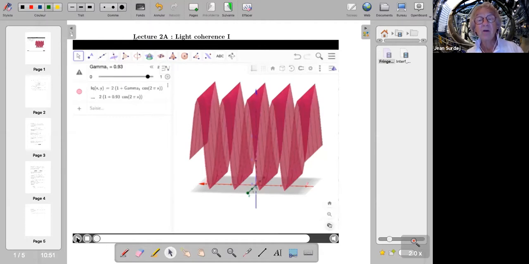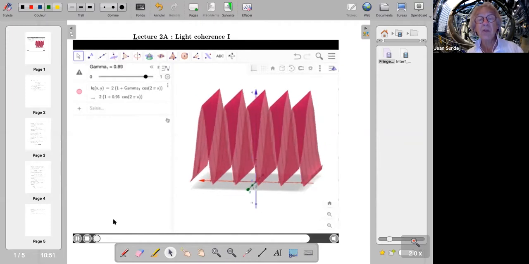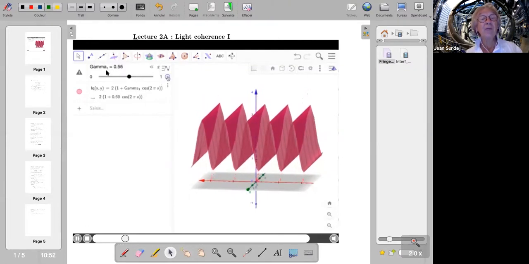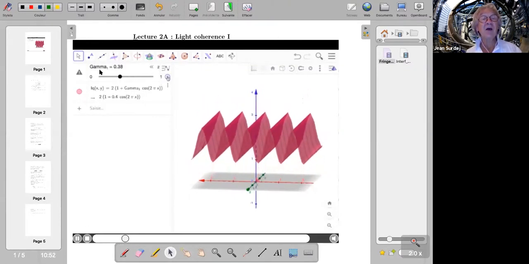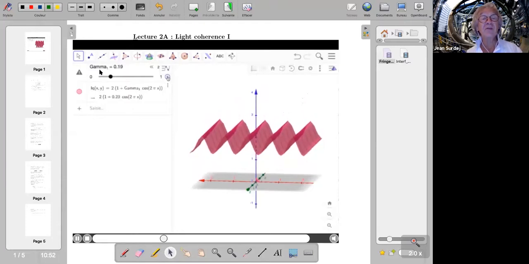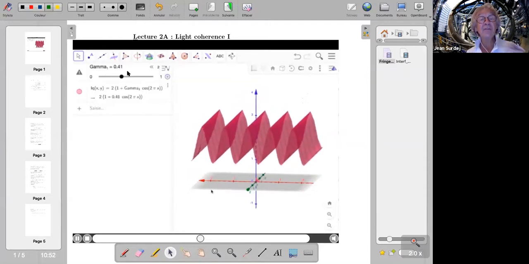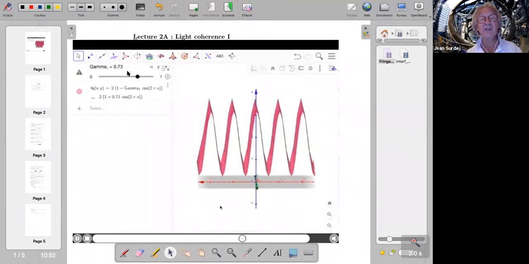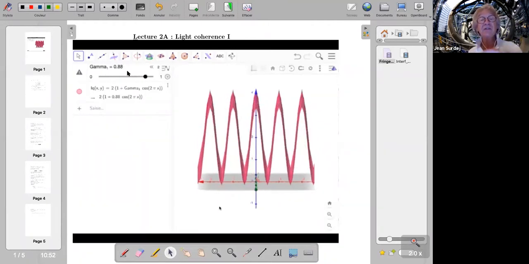And you just see here if it can work. It doesn't seem... oh yeah, it works. It is very slow. What I'm doing here is changing the strength of the module of the complex degree of mutual coherence. When gamma is equal to 0, no fringes. And when gamma goes very near to 1, I have a maximum contrast in the fringes, and you see the fringes from all the sides.